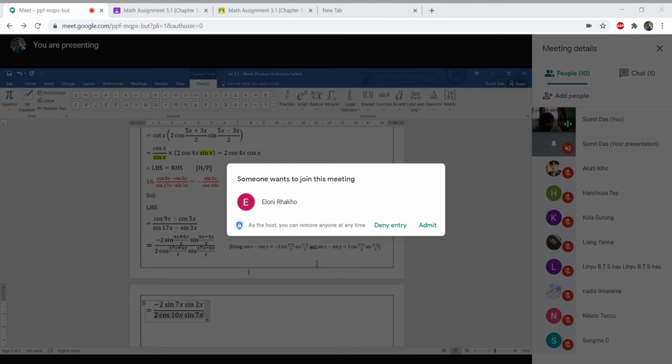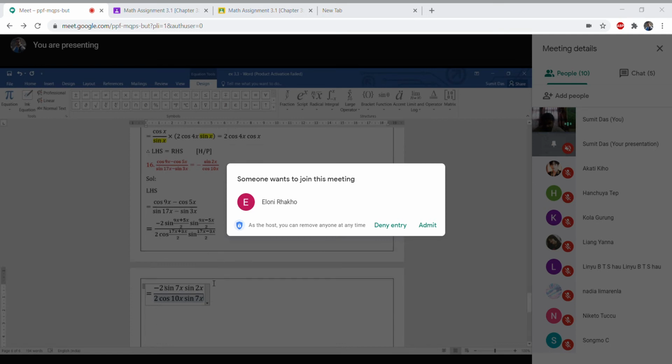So we can see what we can eliminate. We can eliminate sine 7x and sine 7x, and the 2 and 2.